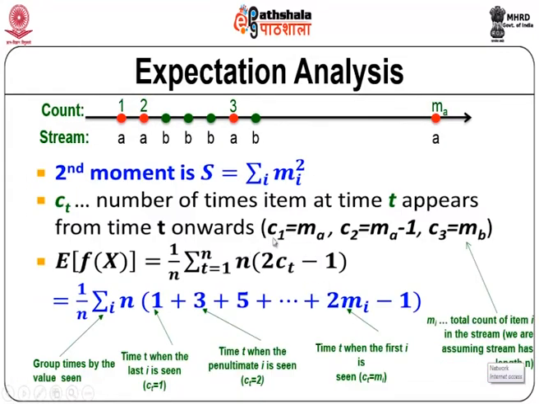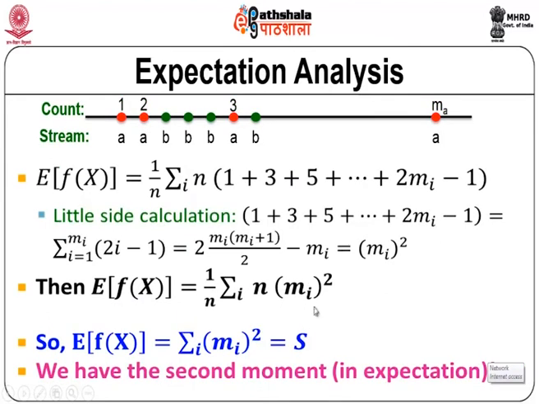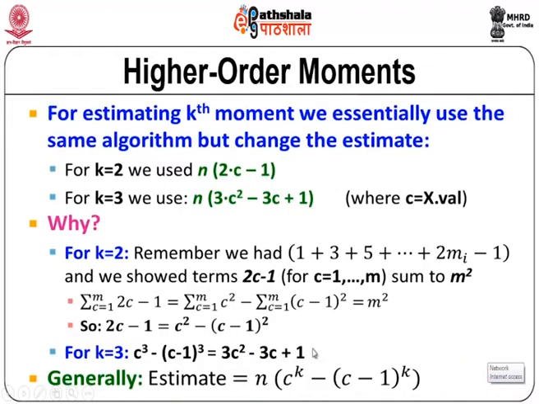So, we are going to replace this part of the equation using the value m_i square. The n and n will get cancelled. So, this expectation value will be equal to summation of m_i to the power 2, which is nothing but the surprise number and the second moment.